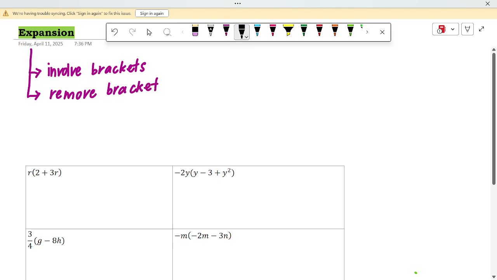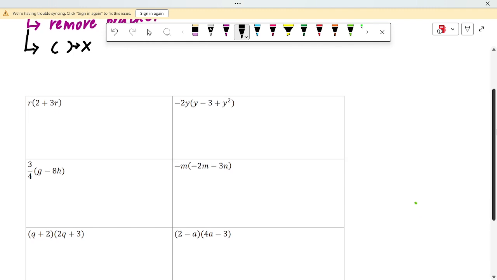Bracket means multiplication. So to remove the brackets, we are going to multiply. Whenever the question asks you to expand, it will involve brackets. Your work is to remove the brackets. How do we remove the brackets? By multiplying inside.